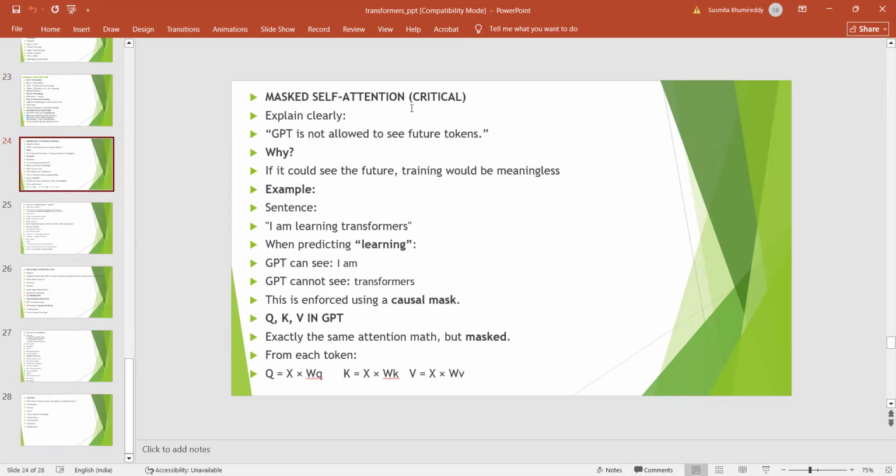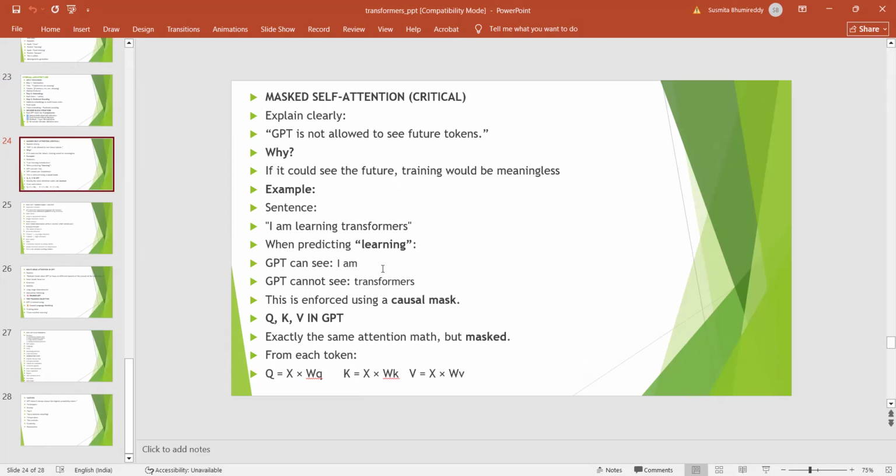So first, masked self-attention. What does masked self-attention mean? GPT is not allowed to see future tokens. As I said, it has to take previous words only. It should not be allowed to see the future words, like future tokens. Why? If it could see the future words, then what is the use of this training? The main goal is that it has to use the previous words and produce the next token. For example, here: I am learning the transformers.